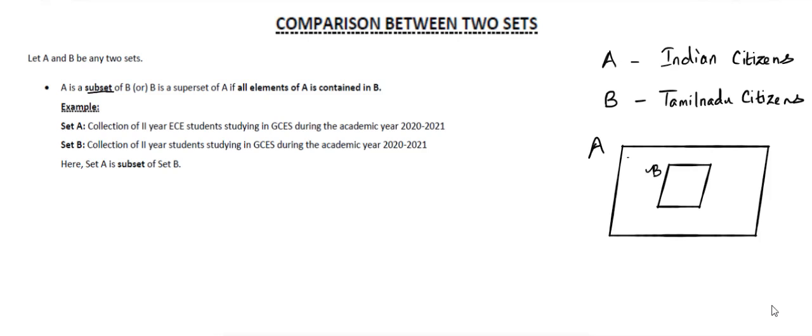When you say one set is a subset of another set, the entire elements of this set must be contained in the other set. In that case only I can say this is a subset.